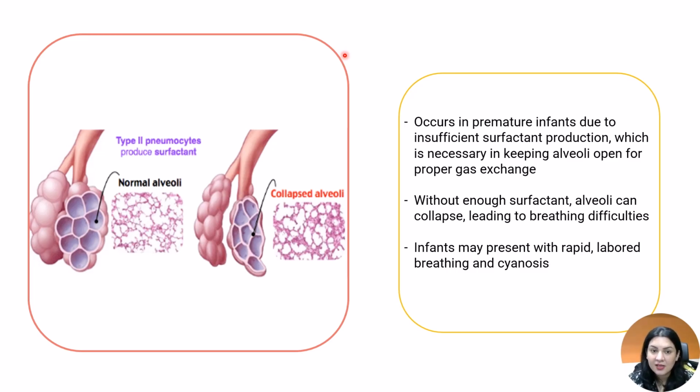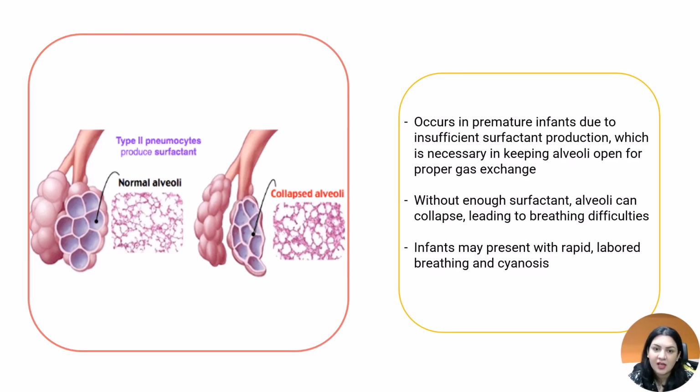And because the lungs aren't able to fully draw in the oxygen that they need because respiration is not happening effectively, the baby might also present with cyanosis, wherein some parts of the skin, typically around the mouth, around the fingers, appear a little bit more blue or purplish in color, because there is this decreased amount of oxygen in the body to bind to the hemoglobin of the red blood cells.